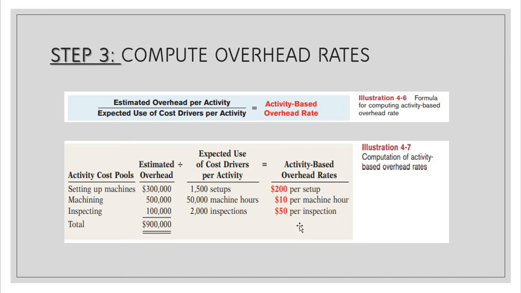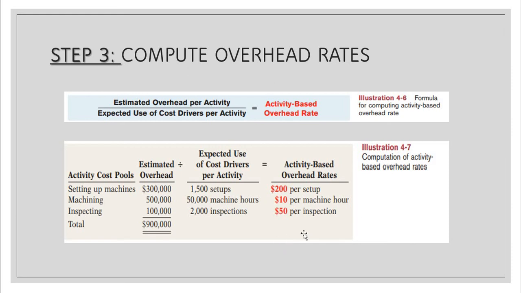Okay? So, next natin is itong example dito sa baba. The computations naman shows that per setup, makikita natin kung magkano. So, ito yung activity pool divided by the cost driver. Then, makukuha natin yung overhead.